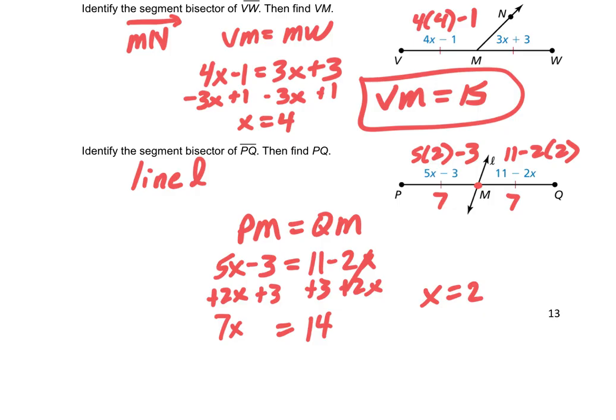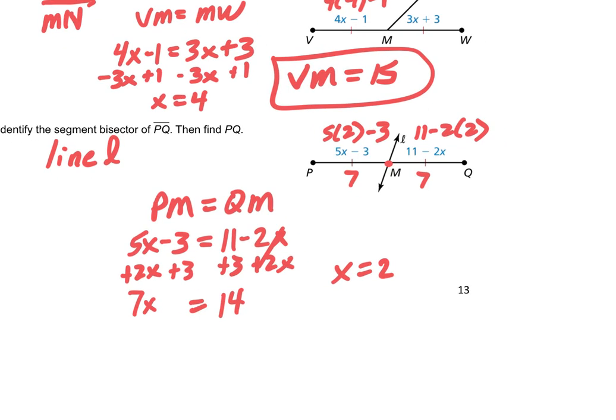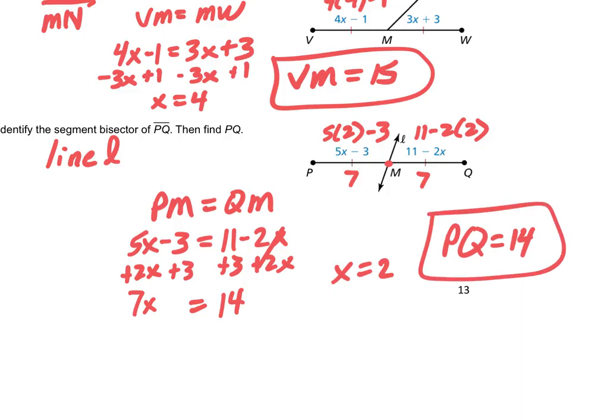So the length of PQ would be 14. Each half is 7, so we do 7 plus 7.